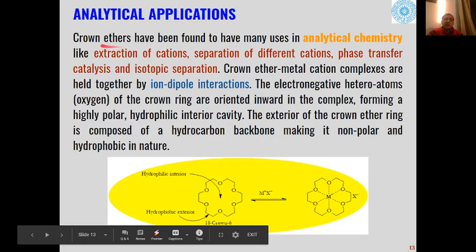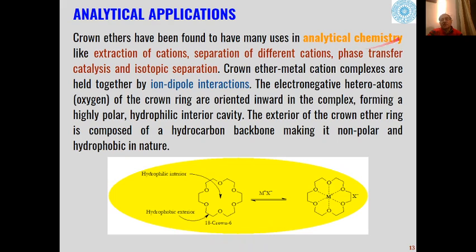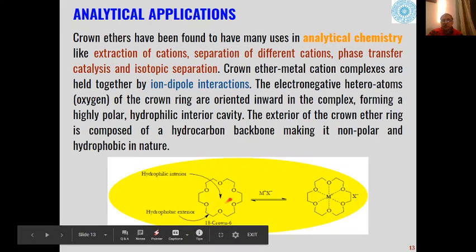Then crown ethers found plenty of applications in analytical chemistry. They are used in extraction of cations, because cations can be accommodated in the cavity, which is hydrophilic in nature, and the outer part of these crown ethers is hydrophobic due to the non-polar nature of these methylene groups.